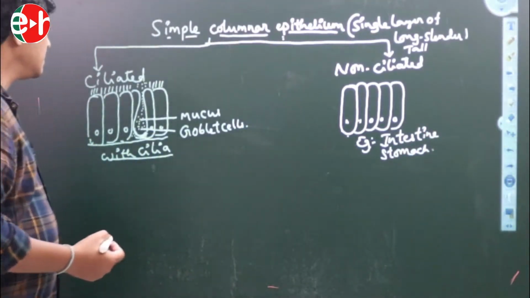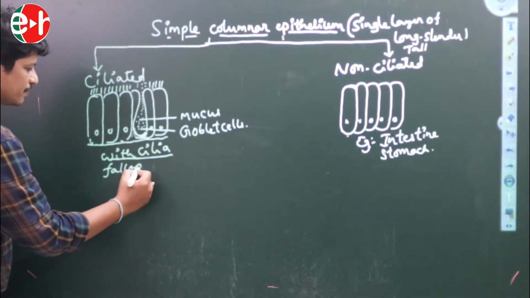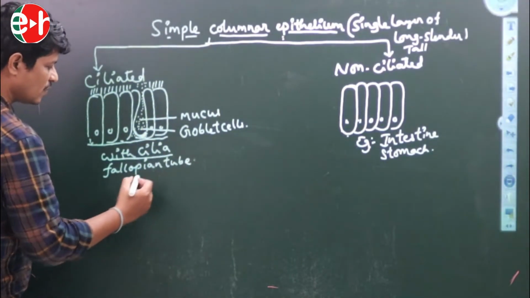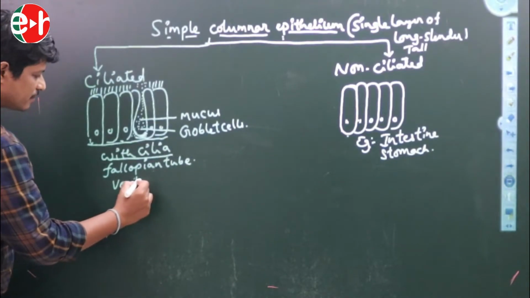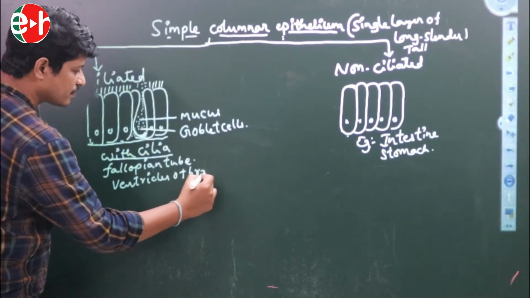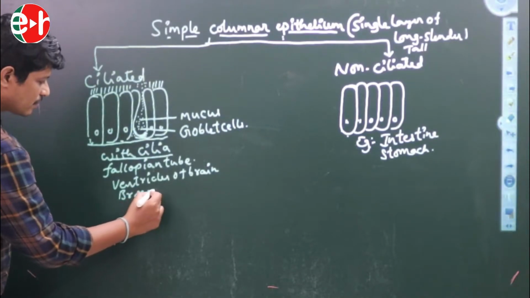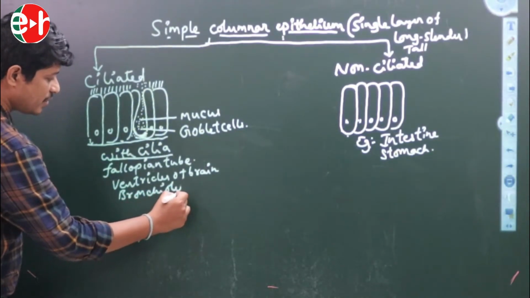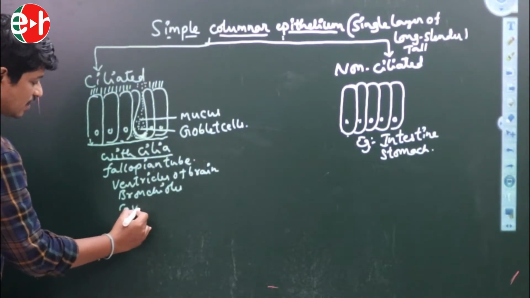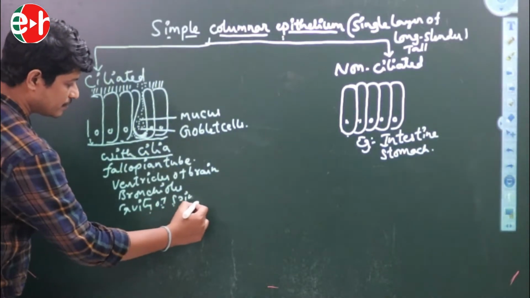Examples of ciliated columnar epithelium are the fallopian tube, the ventricles of the brain, the bronchioles, and the cavity of the spinal cord.